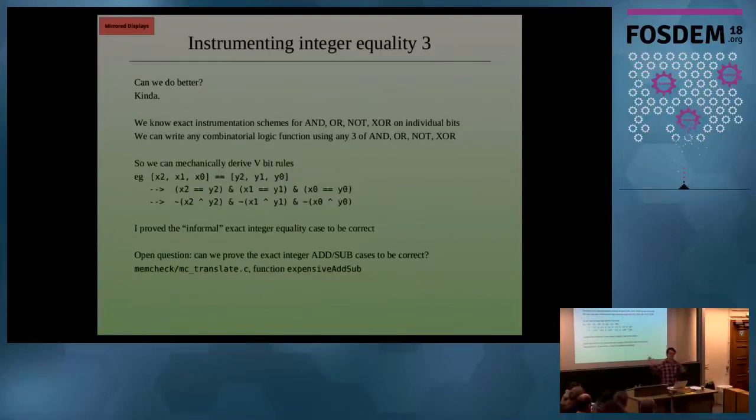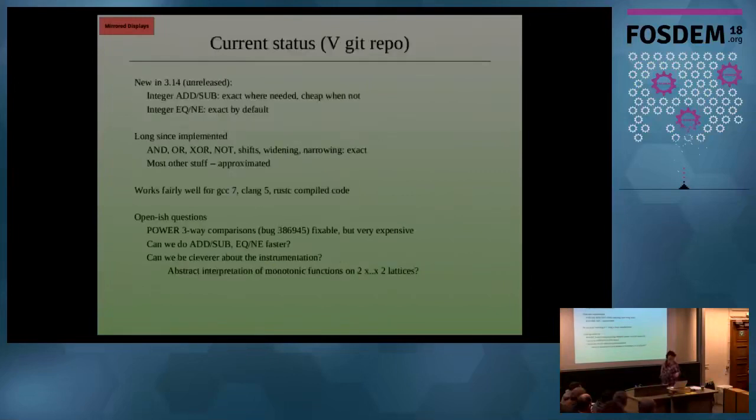So anyway, enough about bit twiddling. I wanted to show what the current status more or less is. In the current trunk, which will be in 3.14, which is not released, we have exact interpretation of add and subtract, which is actually driven by an analysis of the block being instrumented.